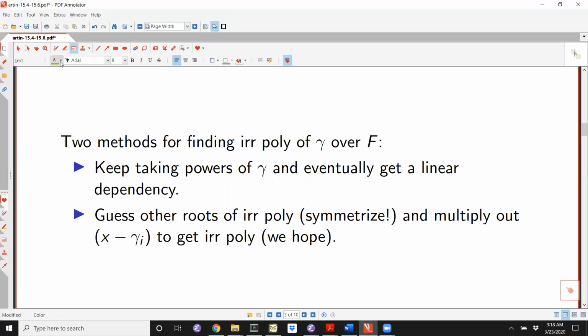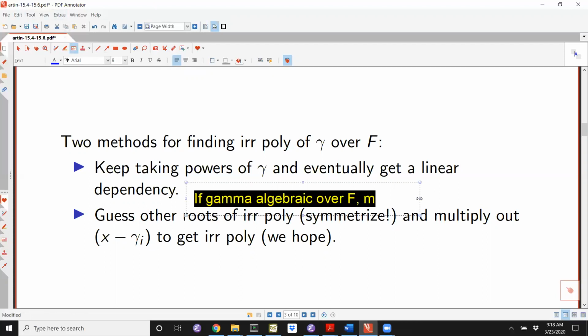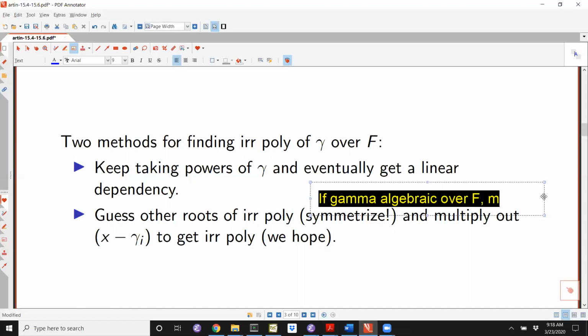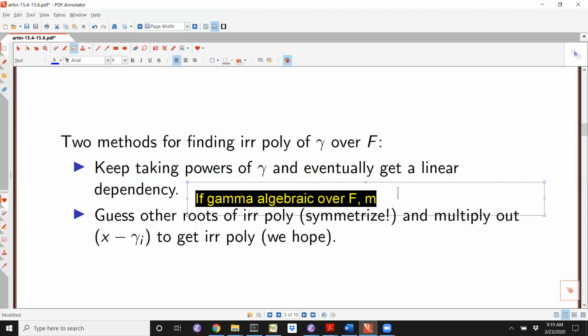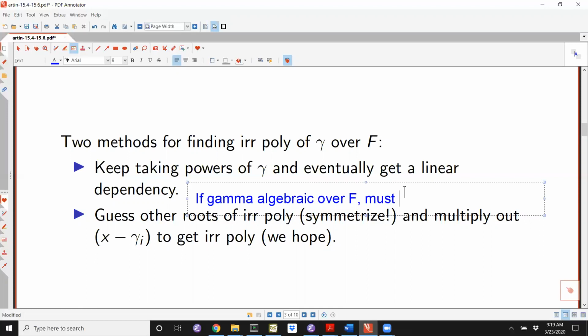Remember that we know that if gamma is algebraic over F, this must eventually happen. In fact, you have some experience doing this in some other context earlier on in the course, when you had to find irreducible polynomials, find those kernel elements.